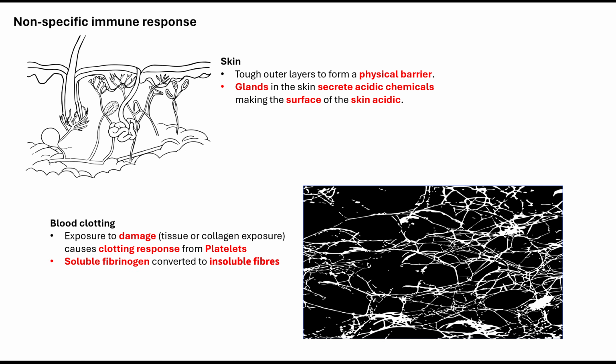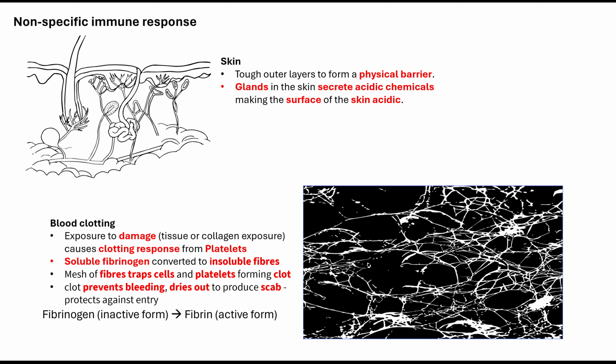So to do that, what you have is you have in your bloodstream a soluble fibrinogen. Now, soluble fibrinogen is a protein that has been made which is inactive. So the fibrinogen is an inactive form that needs to be converted into the active form called fibrin.